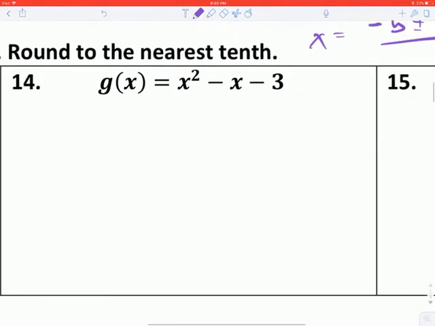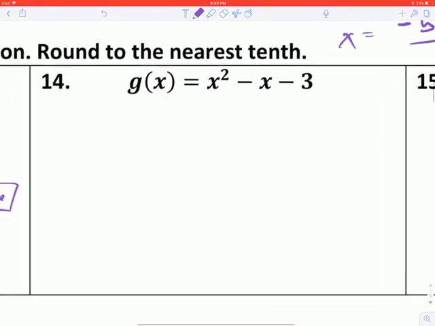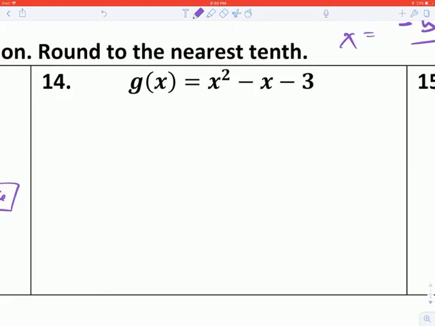Let's check out number 14. Again, I can't use the factoring technique. You could use completing the square and then solve using square roots. However, I'm going to go ahead and use the quadratic formula again. a is equal to 1, b is equal to negative 1, c is equal to negative 3.